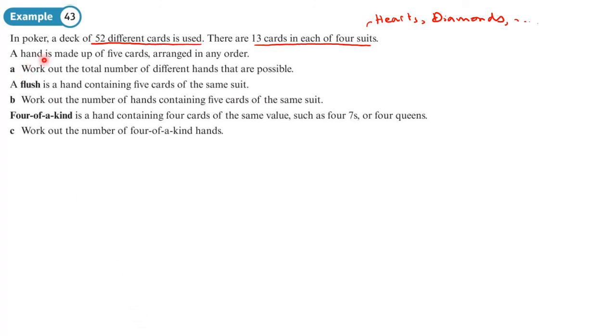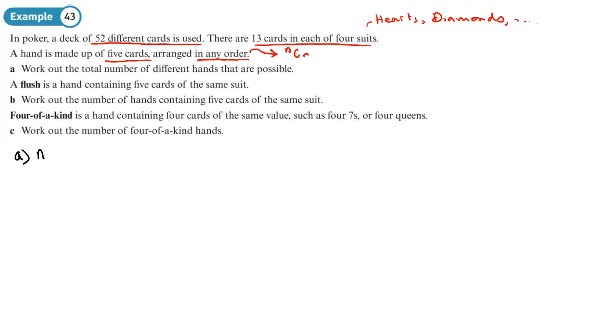A hand is made up of 5 cards arranged in any order. So when you see any order, that tells you nCr. If it says they need to be in a specific order and asks for the permutations of those orders, then we'd use nPr. But because they can be in any order, it's nCr. Work out the total number of different hands that are possible.